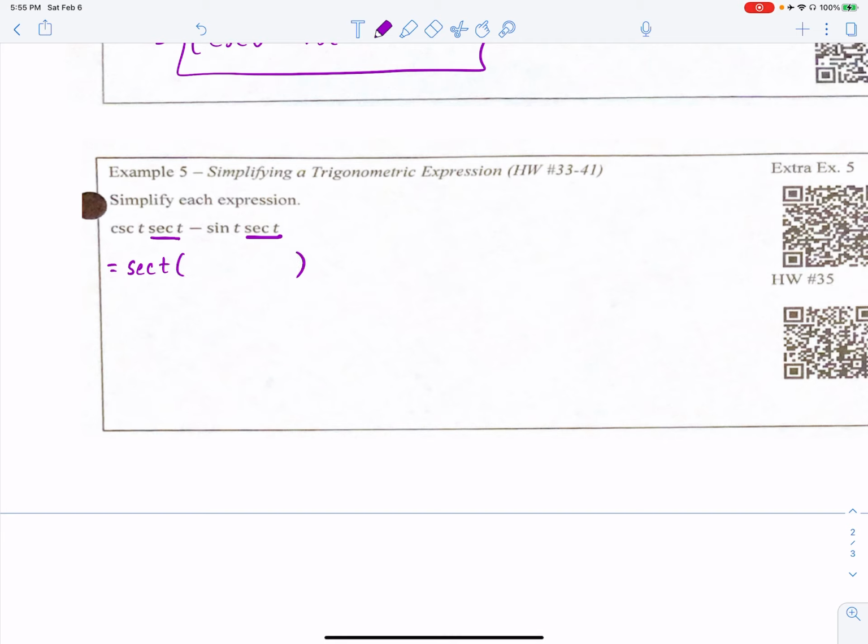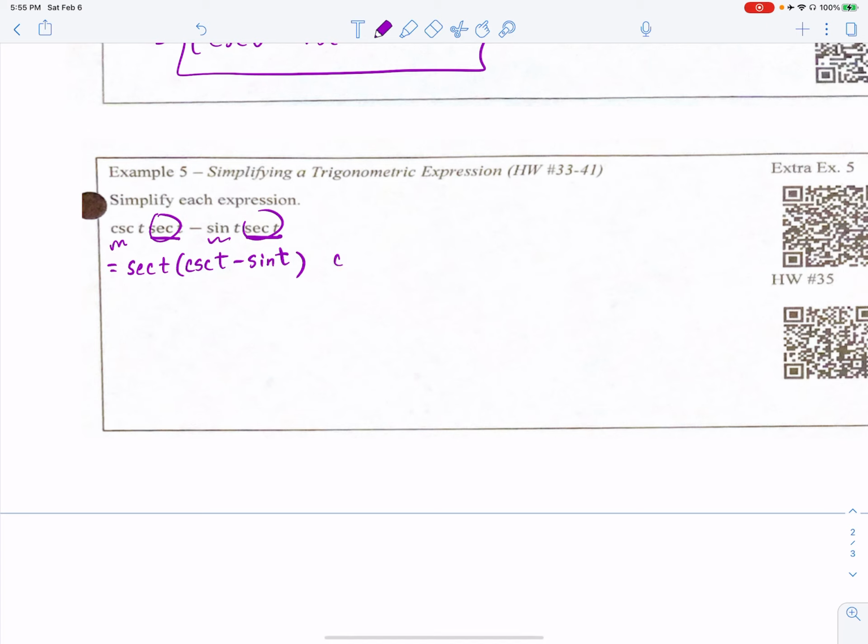If I pull that out of each term, I am left with cosecant t minus sine t.